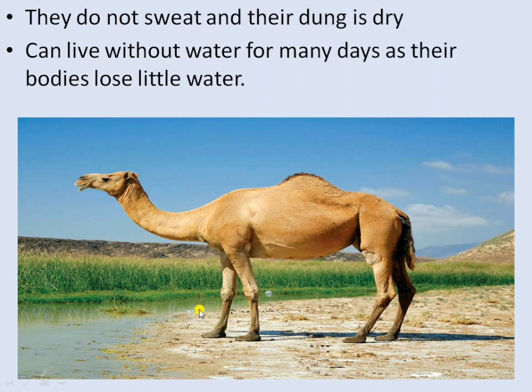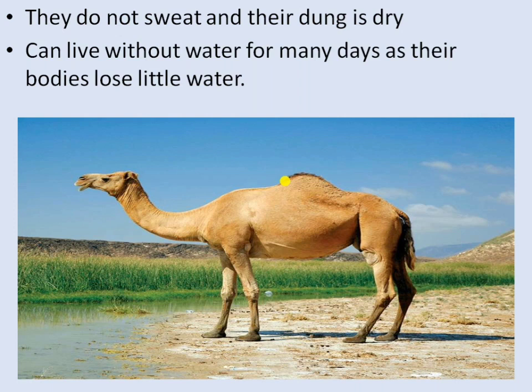So first of all, the camel has long legs. They help keep the body away from the heat of the sand. Second, they have thick eyebrows that shield the eyes from the sun, while the long lashes keep the sand out. They store fat in their hump, so it provides energy when food is unavailable.